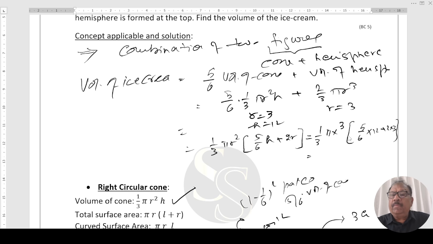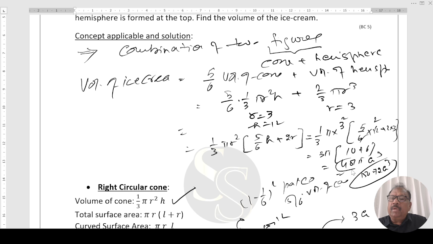On simplification, this is pi into 3 square by 3, that is 3 pi into (10 plus 6), that is 48 pi centimeter cube. If you put the values, we get the answer 150.72 centimeter cube. In terms of pi this is the answer, and the numerical answer is this. Right? Next question.